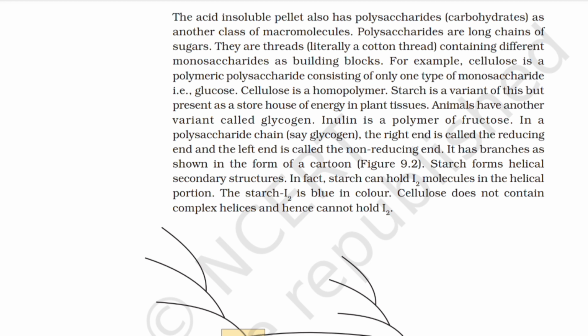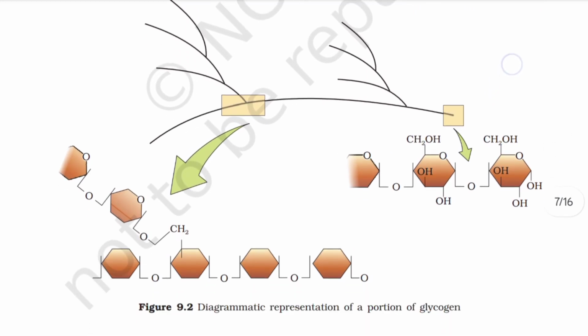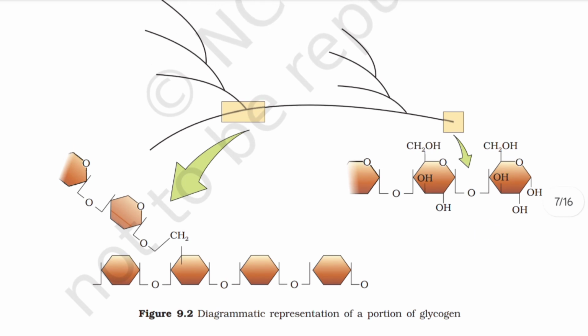In a polysaccharide chain, say glycogen, the right end is called the reducing end and the left end is called the non-reducing end. It has branches as shown in figure 9.2, a diagrammatic representation of a portion of glycogen.